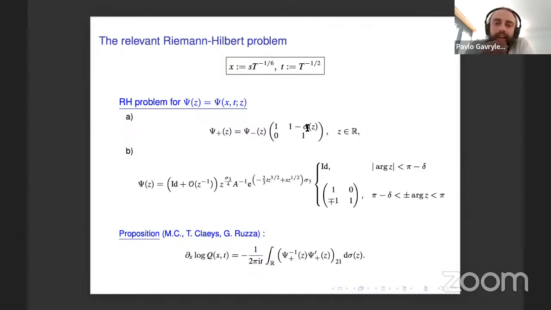So, I probably want to ask another question. When people say a hierarchy of some equations like KP, then it means that there are several commuting flows, in the sense that different equations in the hierarchy know about each other.